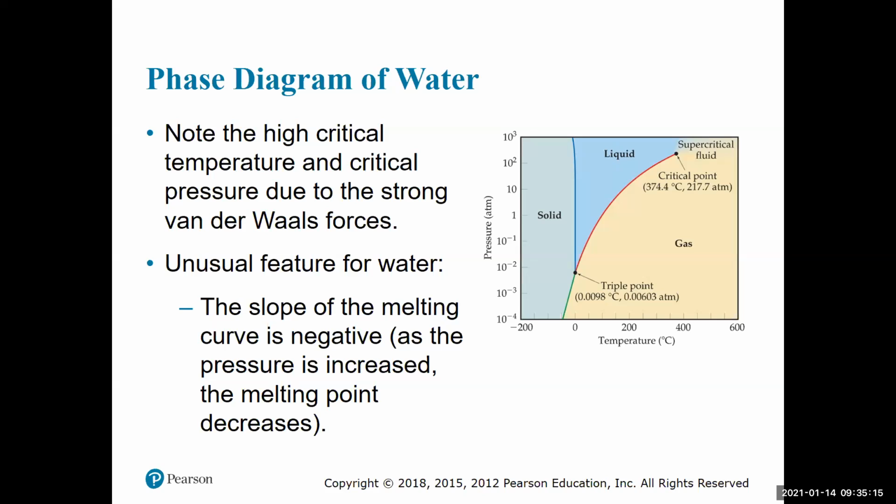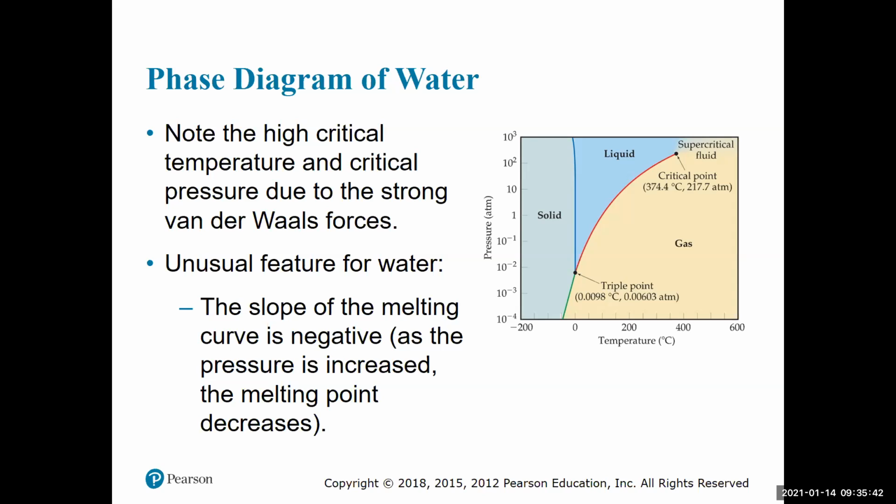Equilibrium between the three phases, solid, liquid, gas. So that means you've got a little bit of each there, and they're all going back and forth. That triple point is 0.0098 degrees C and 0.00603 atmospheres. So pretty low temperature, almost freezing, and definitely really low pressure. Not something we're ever going to encounter normally.